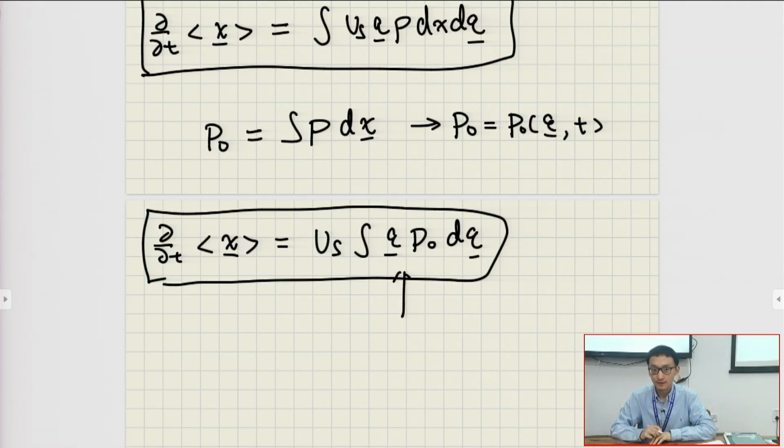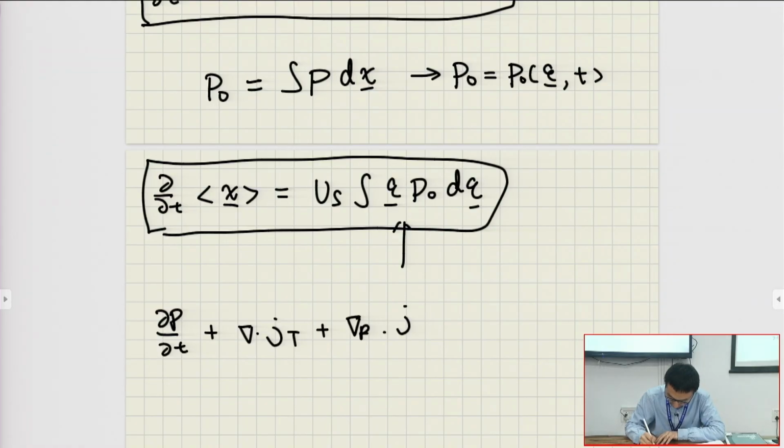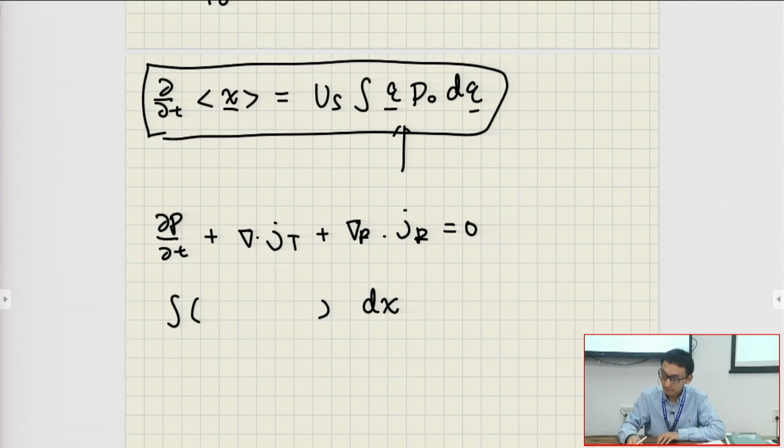So let's try to find P naught first. P naught is just the integral of the probability over space. Again, we can go back to our equations to find that. If I integrate over space the entire equation, I will get the equation for P naught.